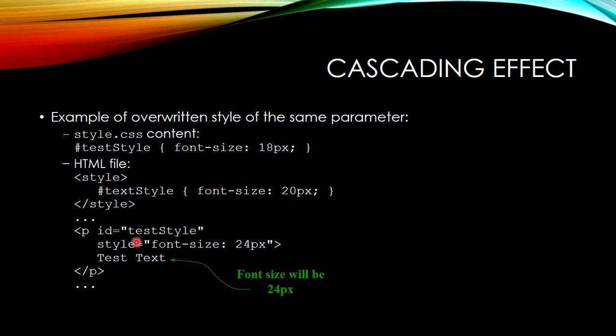But then in the style attribute that we give to the paragraph tag that actually has the text style ID, we give font size as 24 pixel. So the one that takes precedence, or the one that will override everything, is this value. So this text will be printed as 24 pixel.